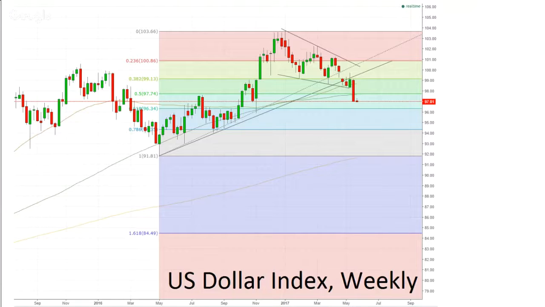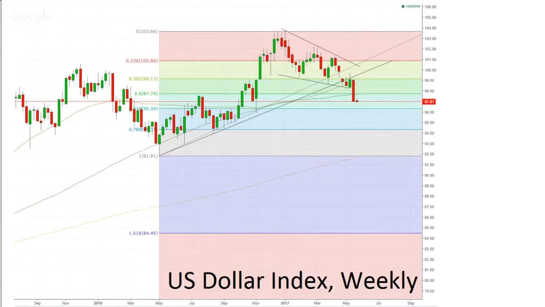So we can see that the distance between the current levels of the asset and this target of the triple top at 94.70 is sizable. So this is not the target for this week, but for the medium term and maybe longer term. That will depend on whether the bears here will be able to sustain this momentum.